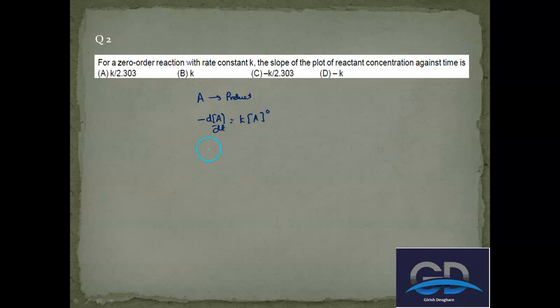If we integrate from initial to final limit, we get this expression: At is equal to A0 minus k0 times t. So it's basically a straight line decrease, as we can see from the integrated expression that we have got. The slope over here would be minus k. Hence the answer for this question would be D.